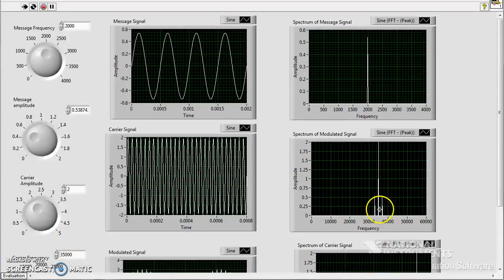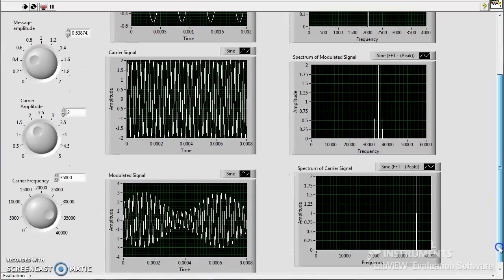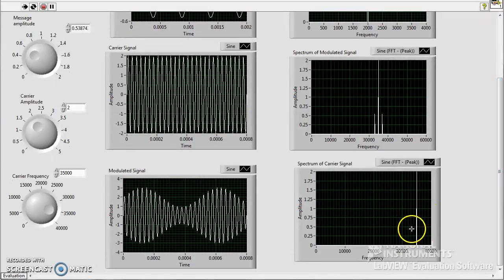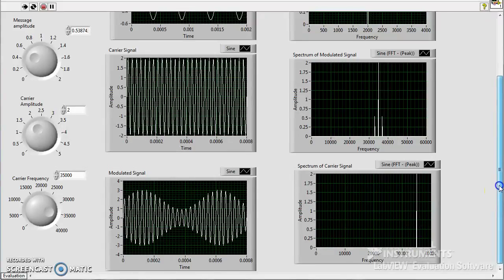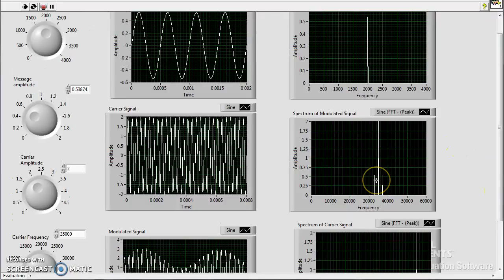The frequency components above this carrier frequency are the upper sideband, and those below are the lower sideband. The spectrum of your carrier component is an impulse function at 35 kilohertz.